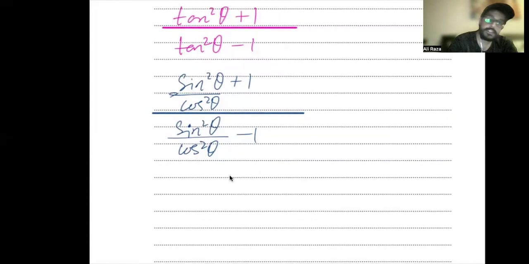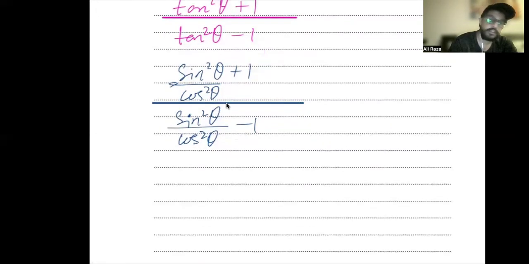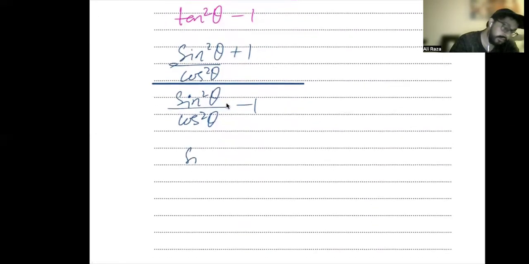And then we can take the LCM in both numerator and denominator, giving us sine square theta plus cos square theta upon cos square theta, divided by sine square theta minus cos square theta upon cos square theta.